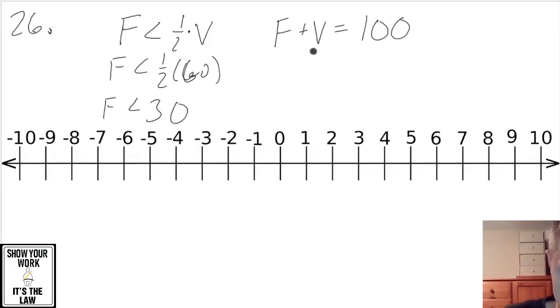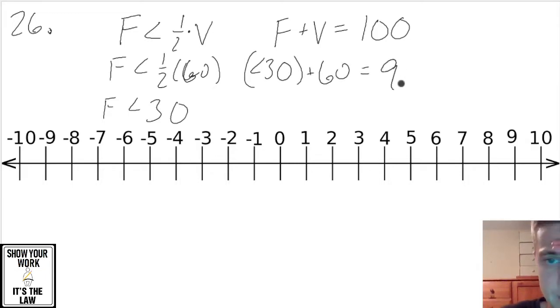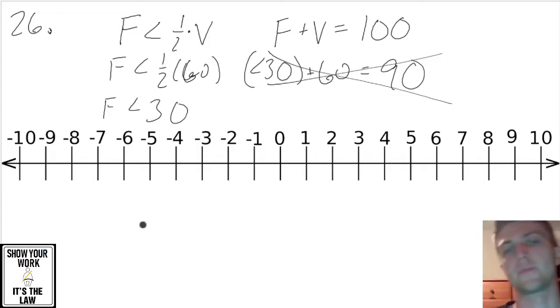And so if f is less than 30, and if v is 60, the most we could possibly get out of that is 90. Is 90 equal to 100? No, we would need at least 40 points from the faculty. Anyway, 20, and I'll leave the rest to you.